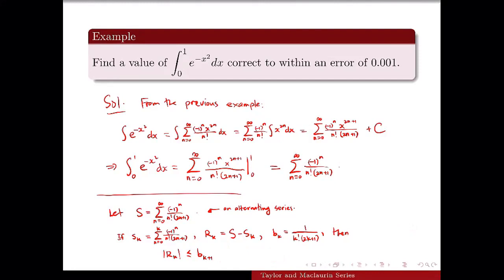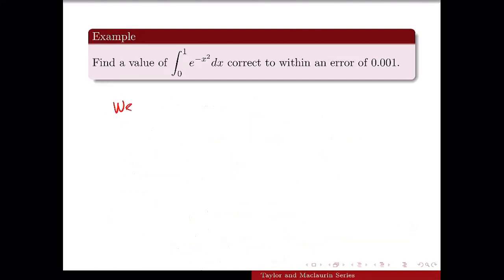So, let us see. We need to find k such that the absolute value of R sub k is less than or equal to B sub k plus 1. We need to find that k such that this B sub k plus 1 is less than 0.001.